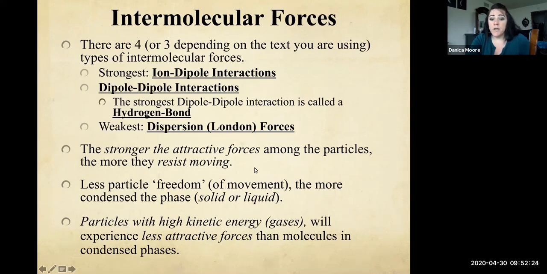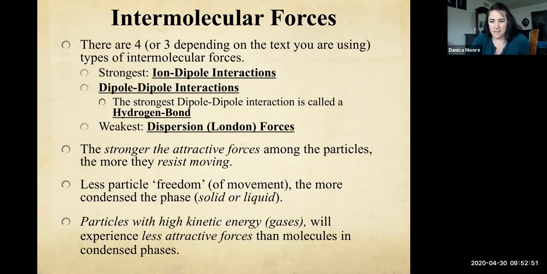The stronger the attractive forces among particles, the more they resist moving, right? So when we think about molecular freedom now, what we really want to think about is how much energy it takes to get these molecules to move away from each other, right? So these attractive forces are essentially making molecules resistant to moving.